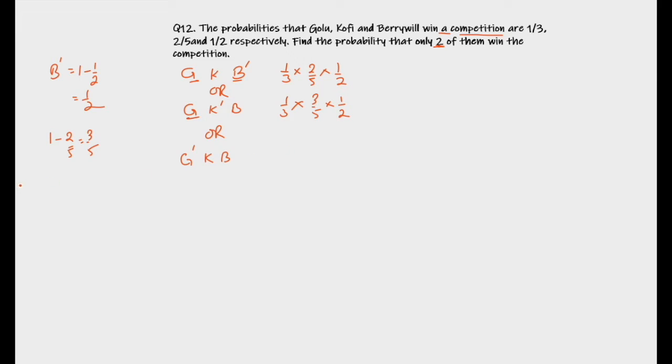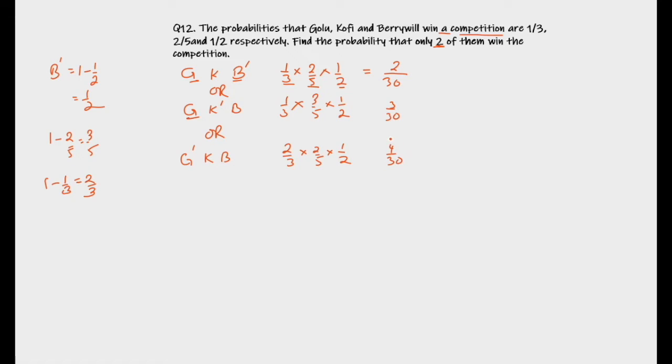Similarly here, Golu is not winning, so 1 minus 1/3 will be 2/3, multiplied by Kofi winning, 2/5, and Berry also winning, 1/2. Let me not simplify or cancel anything because it will make my job easier. So 2 divided by 30 for the first, 3/30 for the second, and 2 times 2, 4/30 for the third.